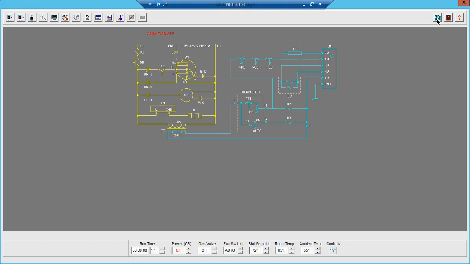So what we have here is a wiring diagram for a very basic high efficiency gas-fired furnace. We have some pretty basic safeties in this.